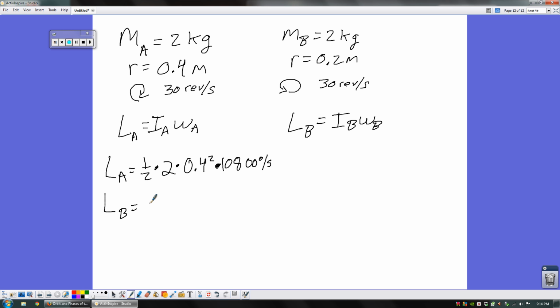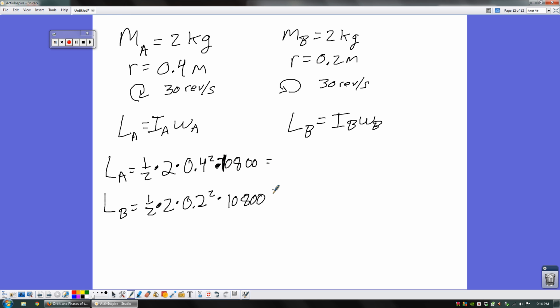Angular momentum of B: that's still 1/2 mr squared, and it's going the same speed, with one major difference. This is going counterclockwise, and this is going clockwise. Clockwise we have previously defined as the negative direction.